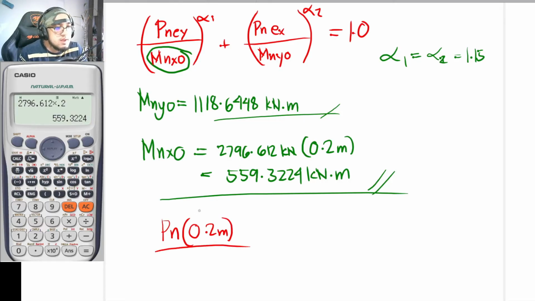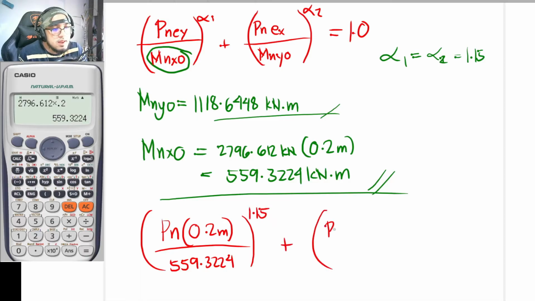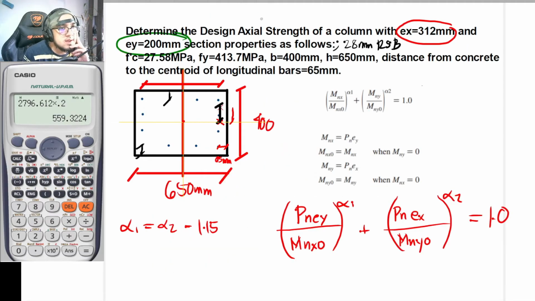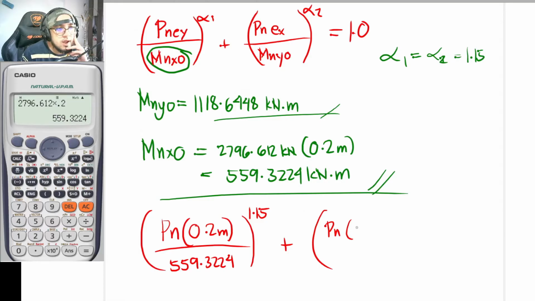Okay. So divided by, what is MNXO? 559.3224. So this is raised to 1.15. So plus, for Pn, what is our eccentricity x? So Pn Ex, our Ex is 312 mm.